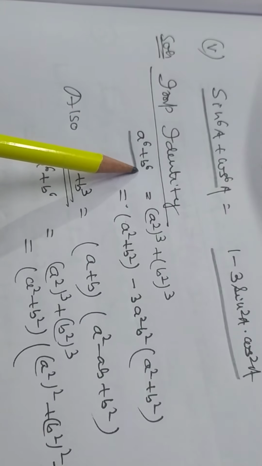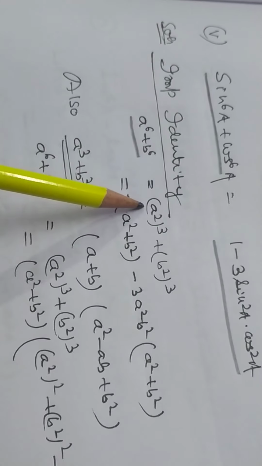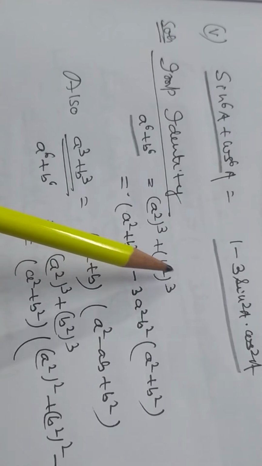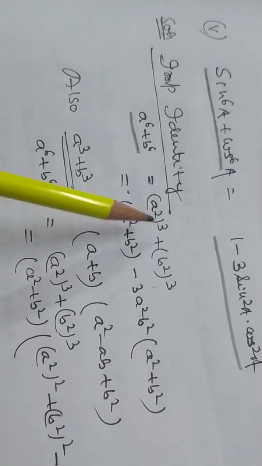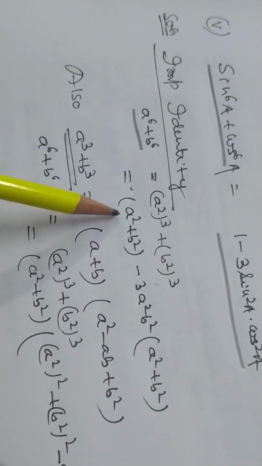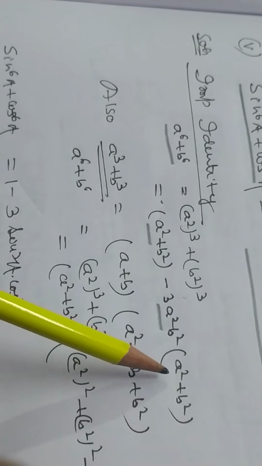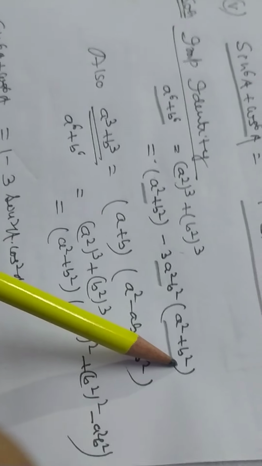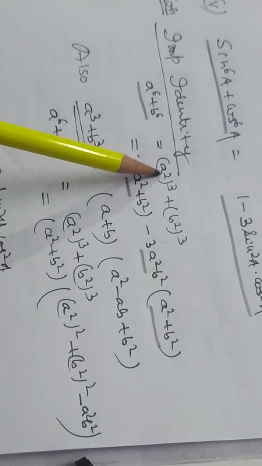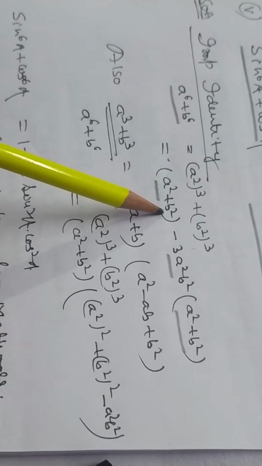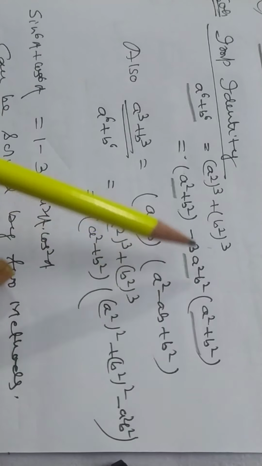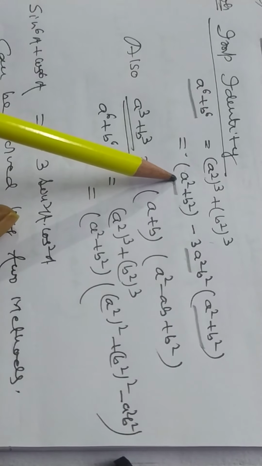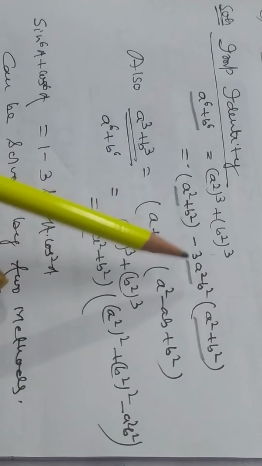A to the power 6 plus b to the power 6 can be written as (a squared) to the power cube plus (b squared) to the power cube, and the identity for x cube plus y cube is (x plus y) cube minus 3xy (x plus y). So now, instead of x, here (a square plus b square) cube minus 3 a square b square (a square plus b square), where x is equal to a square and y is equal to b square.